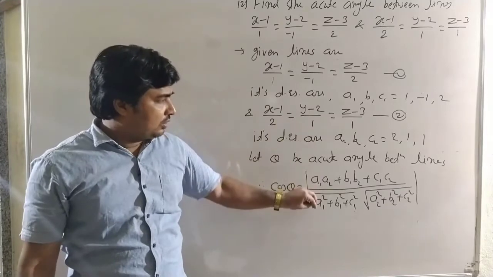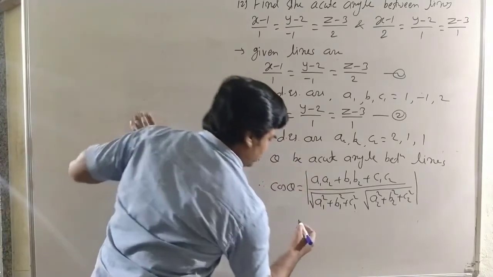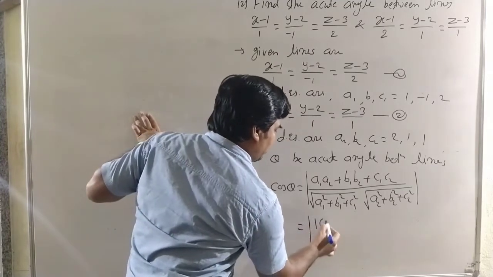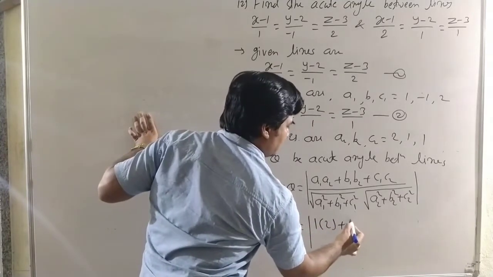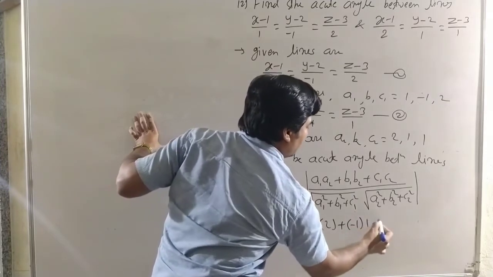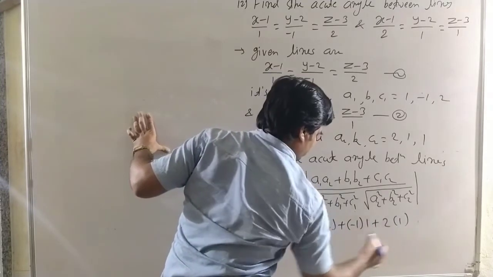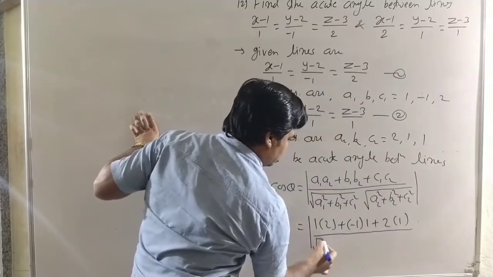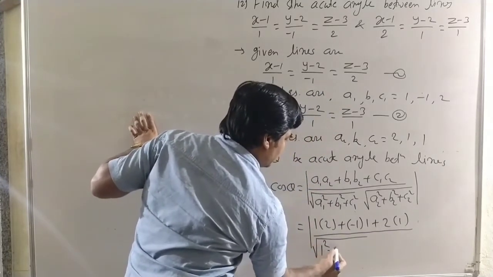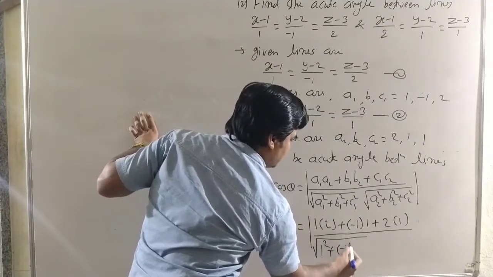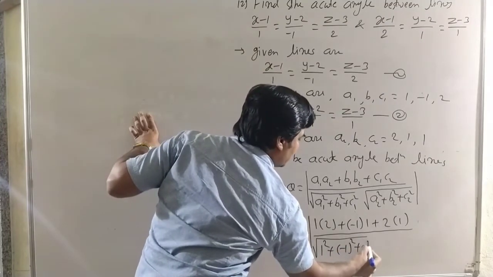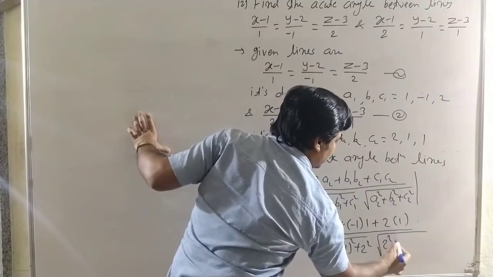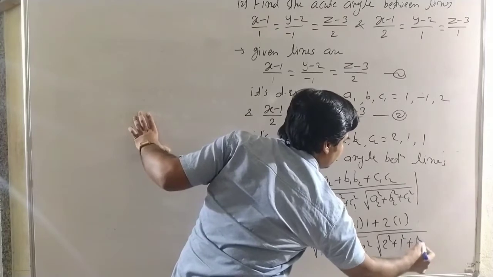Now put in all the values and do the calculation. Here a1 a2 is 1 into 2 plus minus 1 into 1 plus 2 into 1, whole upon under root of 1 square plus minus 1 square plus 2 square into under root of 2 square plus 1 square plus 1 square.